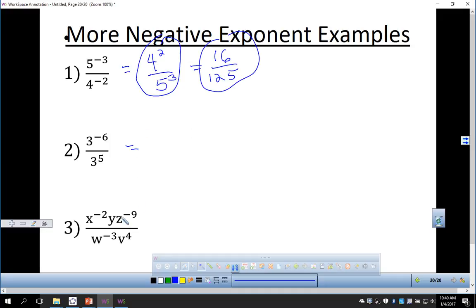Who can tell me how I could simplify this using these rules? Tia. 1 over 9 to the 11. Is it not 9? No, there's no 9. Keep the bases the same. So I subtract the exponents. Oh, not 9 to the 11th. No, this stays the same.